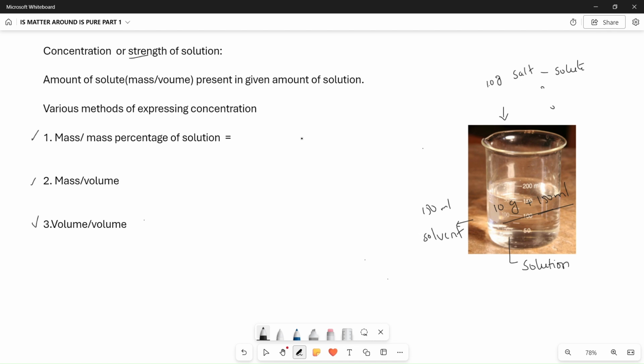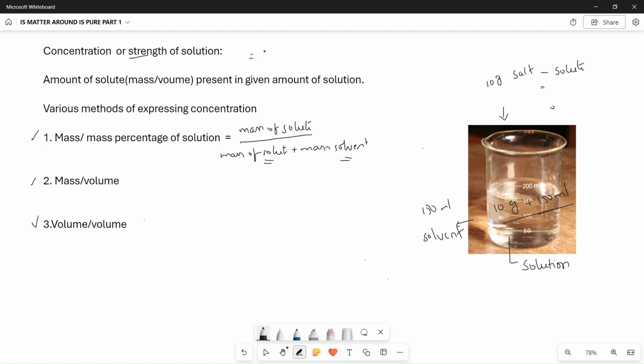How can it be calculated for this solution? The formula is mass of solute divided by mass of solute plus mass of solvent.